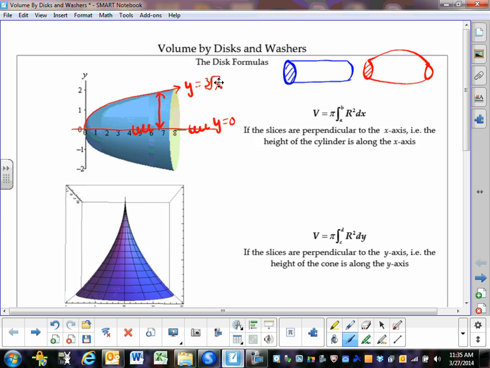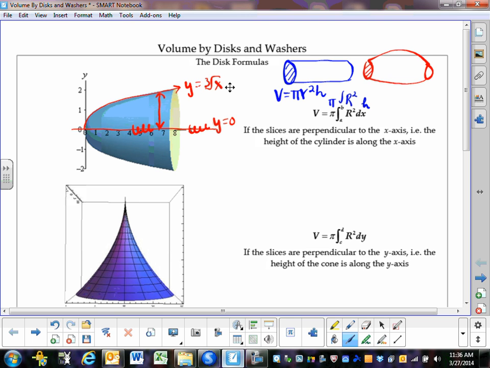But the volume formula from geometry for a cylinder, volume equals pi r squared h, still applies. We just have the pi on the outside of the integral. The integral of the r squared and the dx are representing really the height.